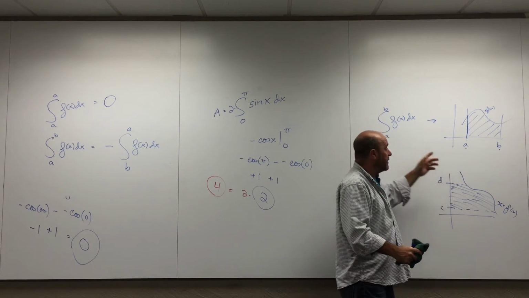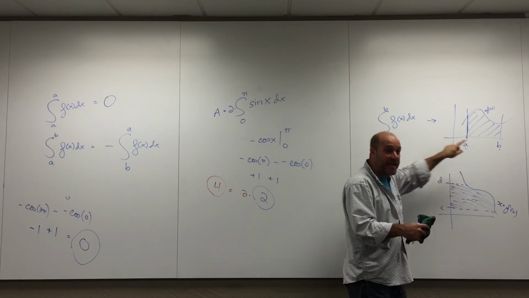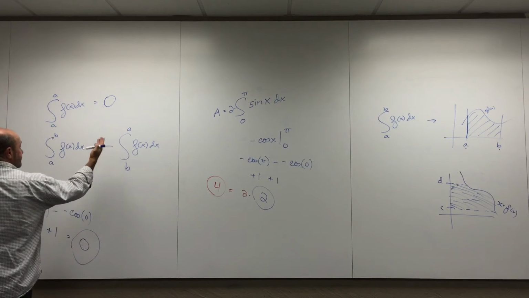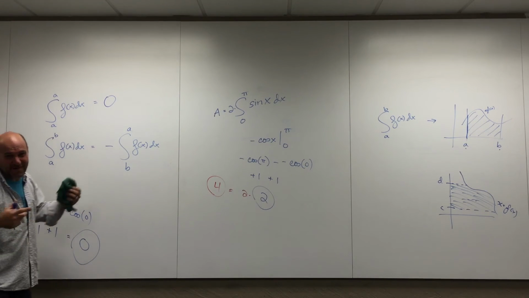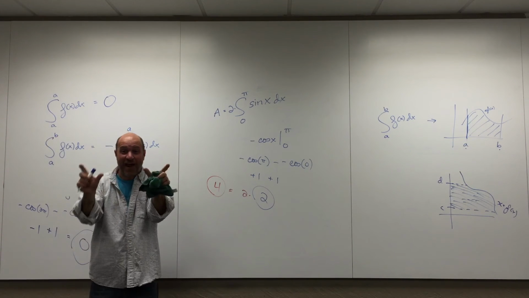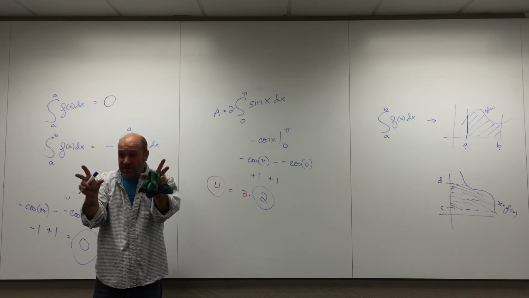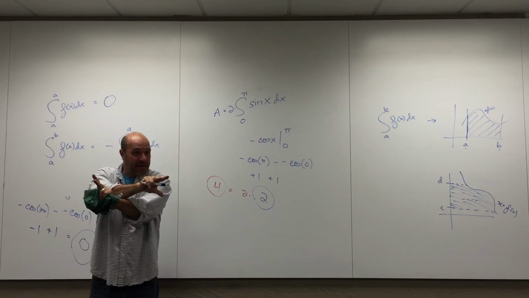Maybe this area is 6. If you did it from B to A, it would be negative 6. That's what this says. It's the exact negative of this. Oh, by the way, if you remember the fundamental theorem of calculus, when you plug your numbers in and subtract them, you'd be subtracting them backwards, which is the exact negative of something.